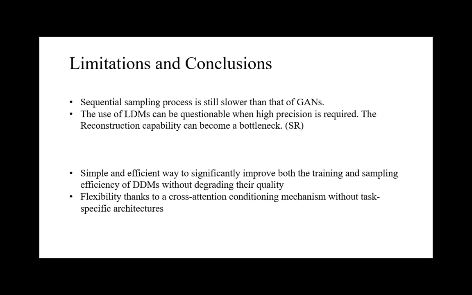And the other limitation is that the generated images can be questionable since they cannot reconstruct the fidelity of some structures, as we see in the super resolution approach. So here we have a bottleneck in the capability of these models.